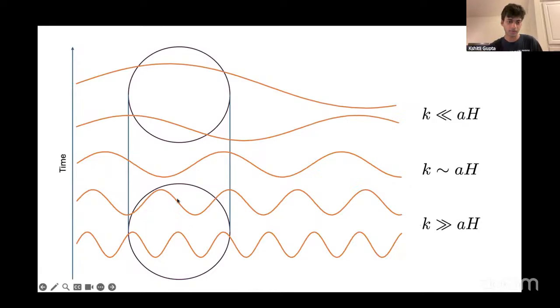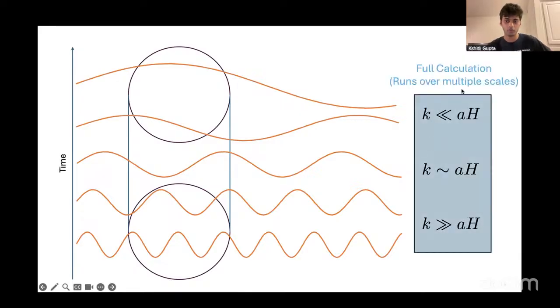When you have any fluctuation produced in de Sitter, it starts its life inside the horizon with k much greater than aH. As spacetime expands, at some point it crosses the horizon, and then it becomes a superhorizon mode, where k is much less than aH.